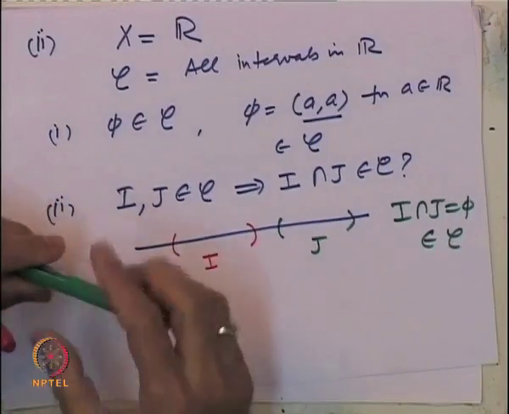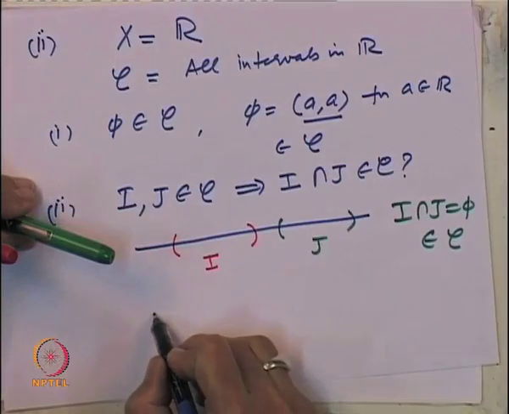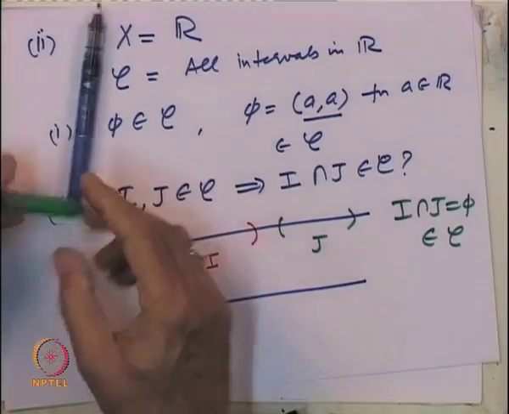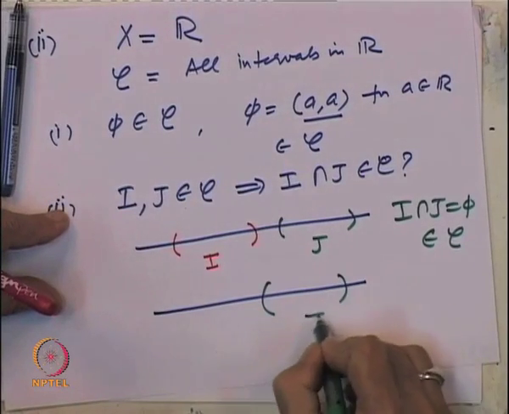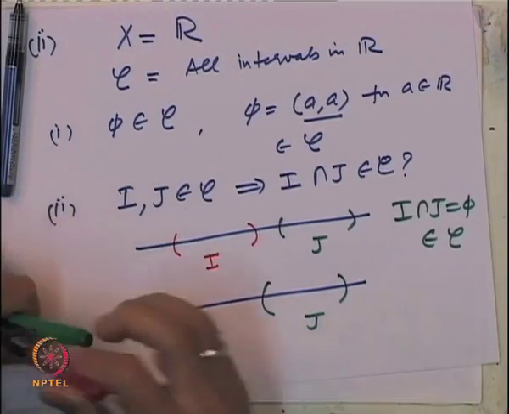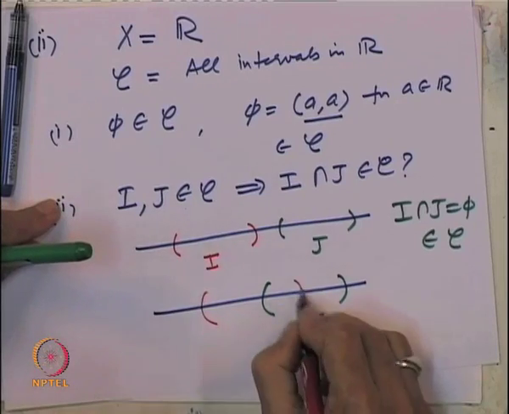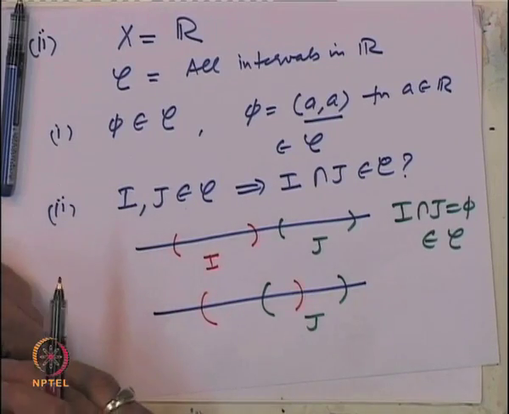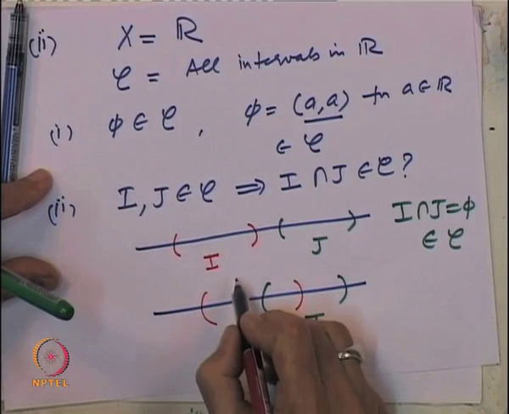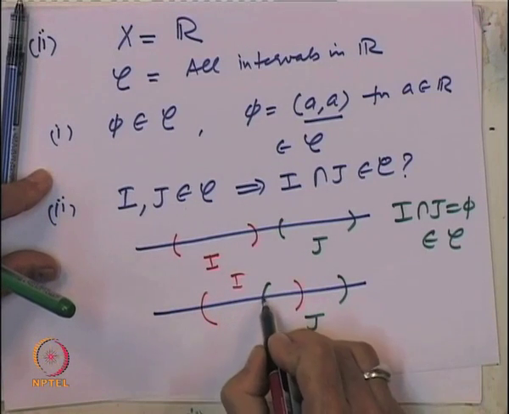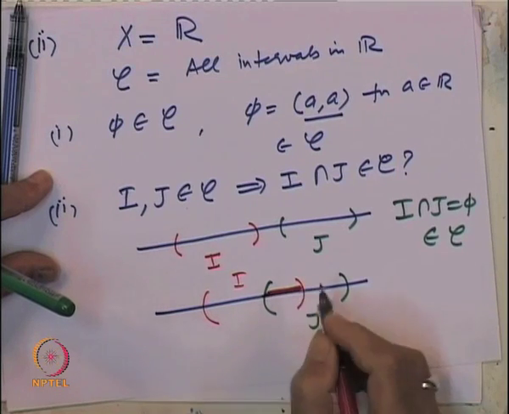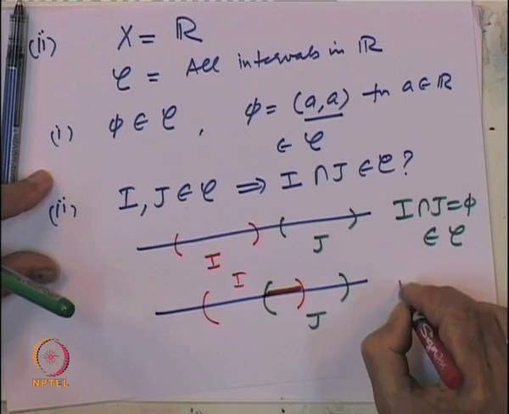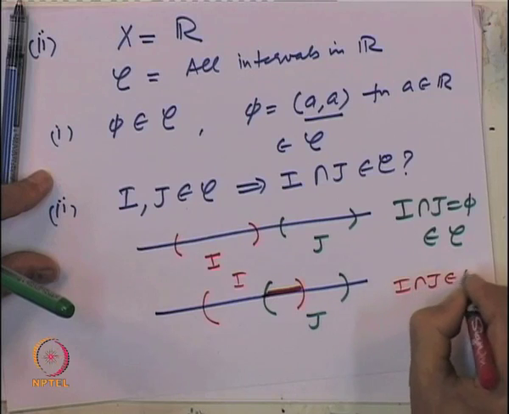What is the other possibility? The other possibility is that they intersect. So, here is my interval J and here is my interval I. Then what is the intersection of these two? That is my intersection of I and J, and clearly that is also an interval.